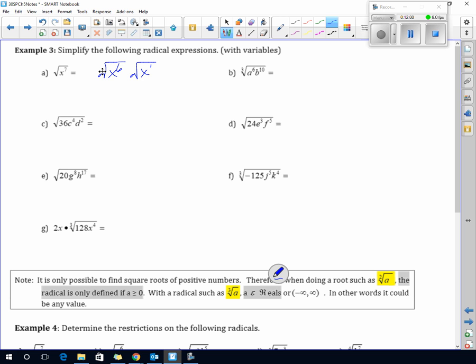Okay, so how could I do this easily then? What am I in fact doing when I'm square rooting? Square root is the same thing as which fractional exponent? 1/2. So if I take half of 7, I get 3.5.